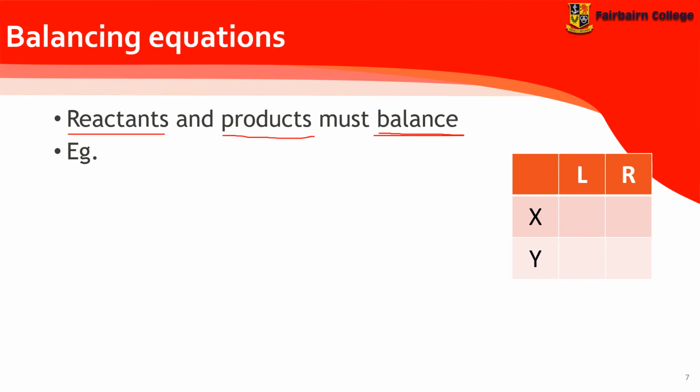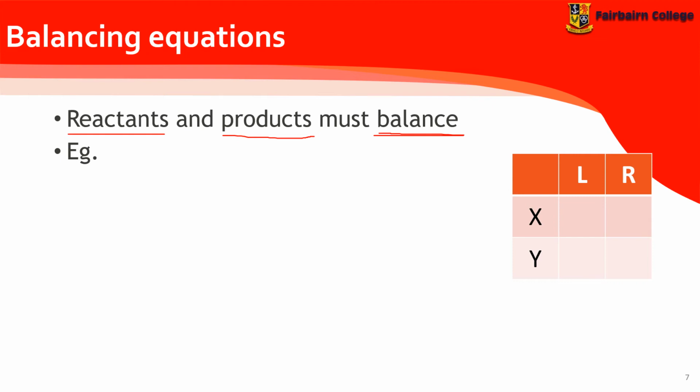So if we continue looking at the example of the recipe for cake, and the recipe calls for 2 eggs and 1 cup of flour to make a 500 gram cake, and you put in the 2 eggs and the 1 cup of flour, then you can't expect to open the oven and see a 2 kilogram cake, because that is not equal to what you put in. So the number of reactants or the ingredients needs to equal the products or what you get out.